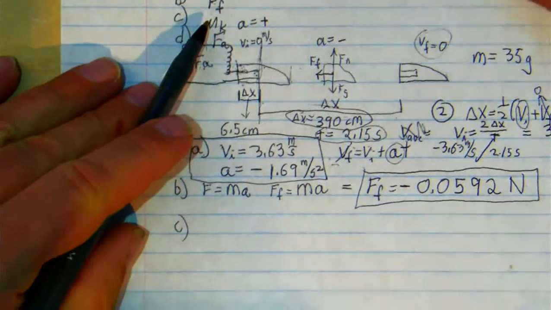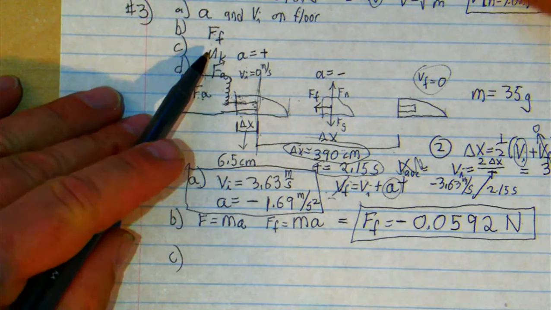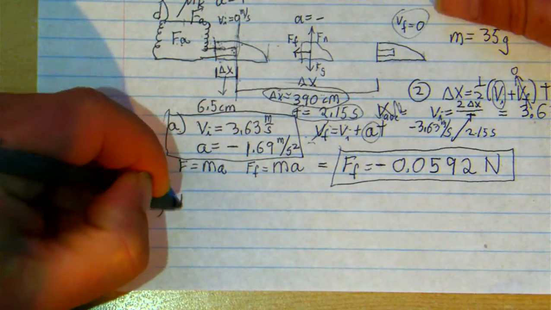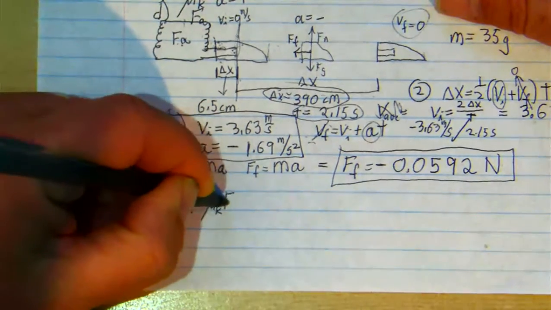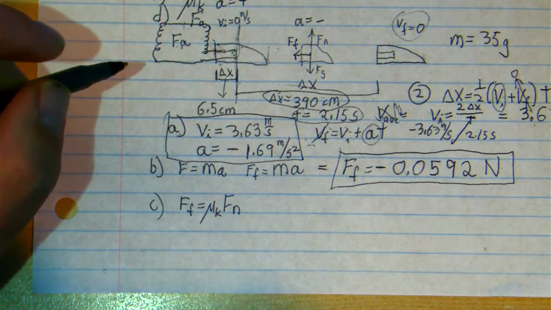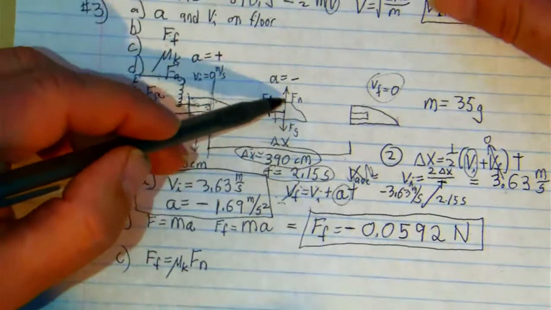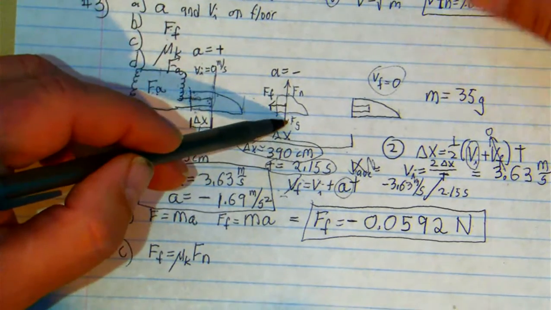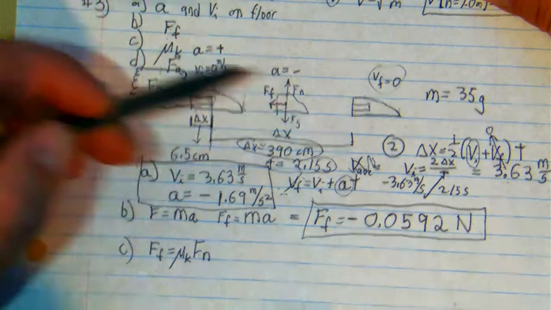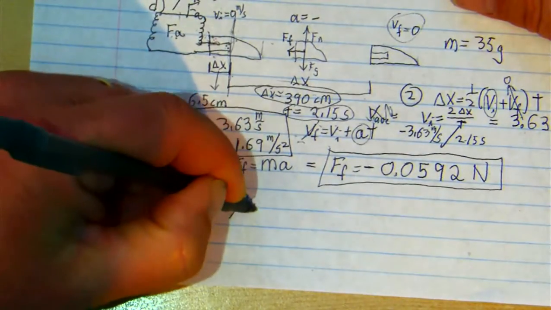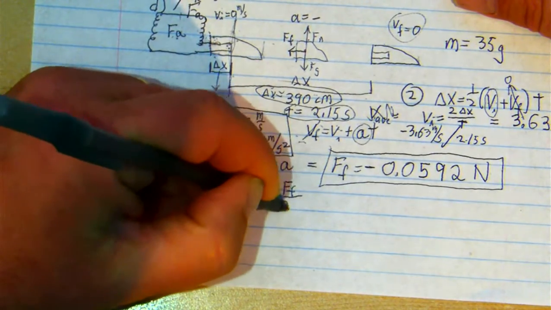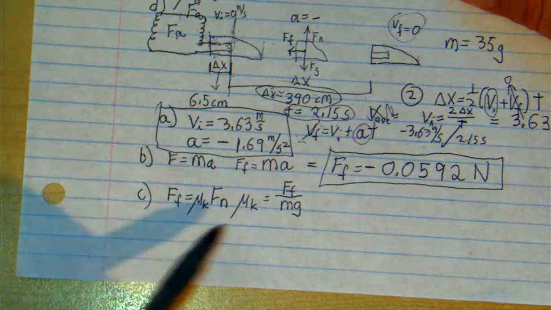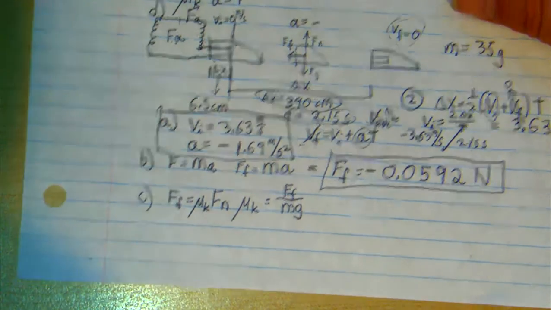Part C. What is the coefficient of kinetic friction? Well, the force of friction is equal to the coefficient of kinetic friction times the normal force. The normal force in this problem is identical to the weight of the car, the force of gravity. So the coefficient of kinetic friction is equal to the force of friction divided by the weight of the car, the weight being calculated by m times g.